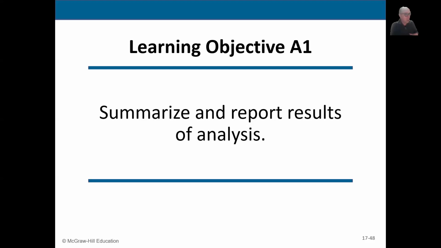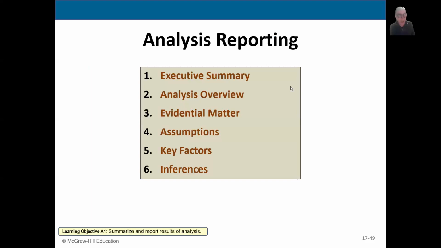In the end, we generate a report or a couple of reports of our findings, our analysis. The way we do that is first we write up an executive summary, which tells us our brief conclusions and results. We write up an analysis overview, which is background about the company, the industry that it's in, and the economy performance. We look at evidence like financial statements, ratios, trend comparisons, the analytics, basically all the data.